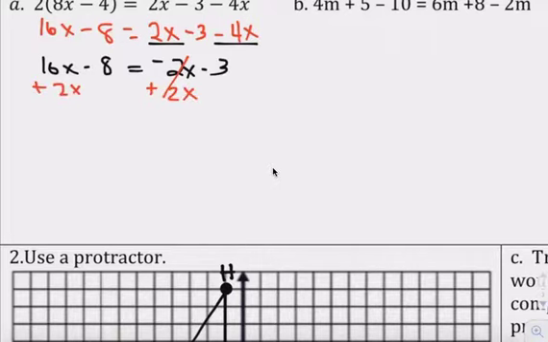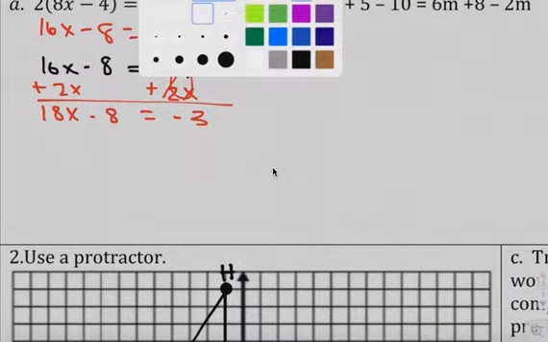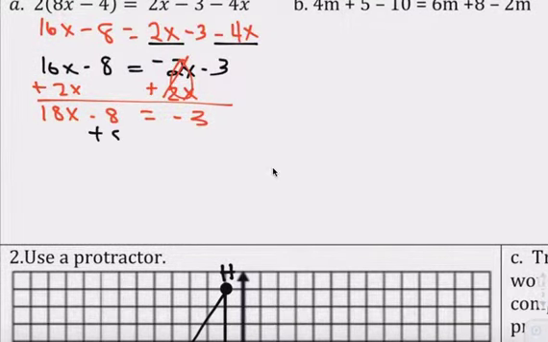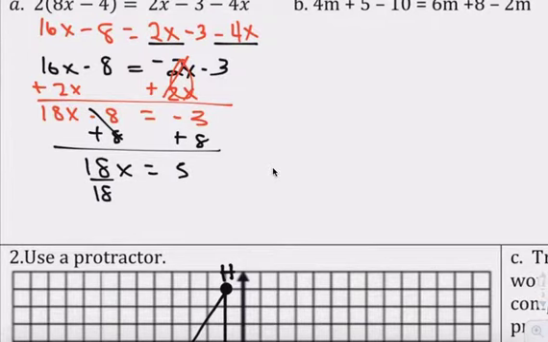You get 18x minus 8 equals negative 3, because 0 minus negative 3 is negative 3. Now add 8 to make that equal 0. 18x equals 5, divide by 18, divide by 18. X equals 5 over 18. This is called one solution.